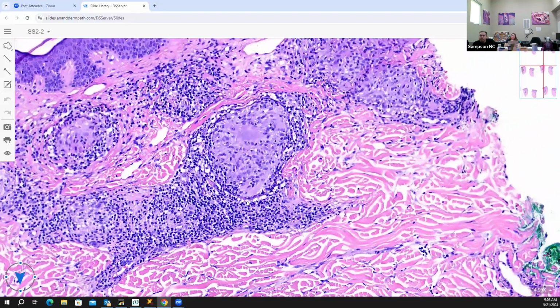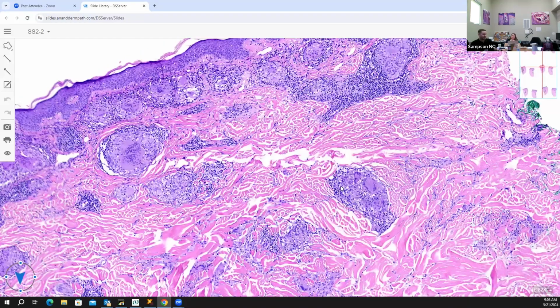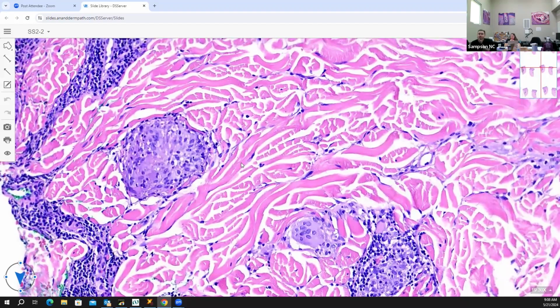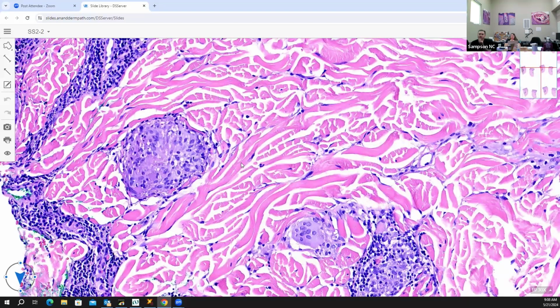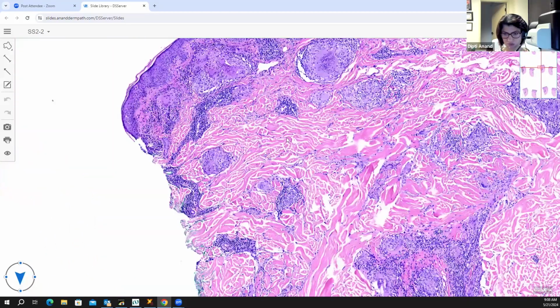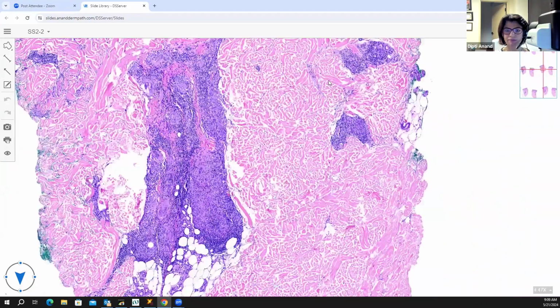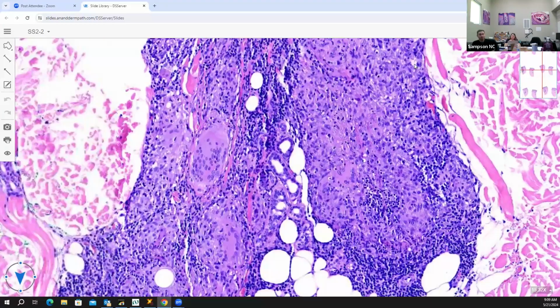I'm not seeing any areas of caseation necrosis or anything like that. I'm not seeing any obvious foreign bodies. So maybe just sarcoidosis.